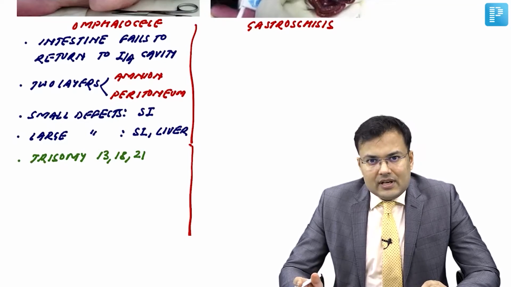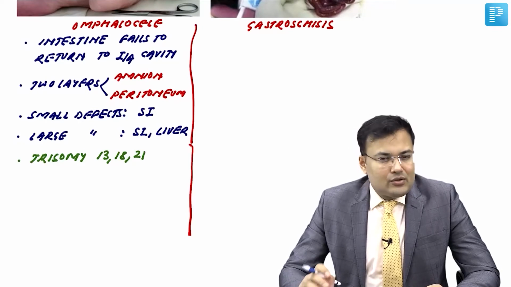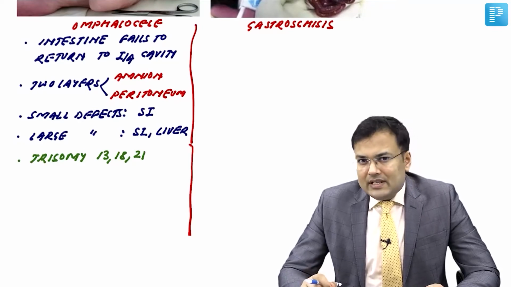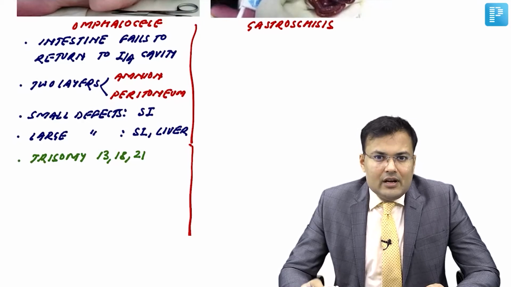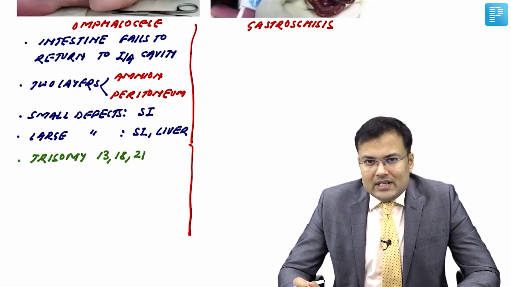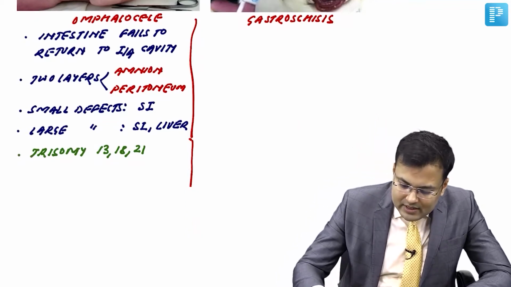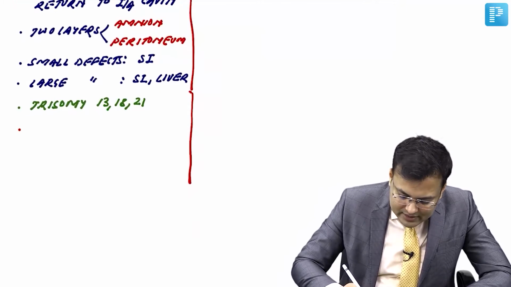congenital malformations. And what is the most common type of congenital malformation seen? The most common type is cardiovascular, followed by musculoskeletal, followed by gastrointestinal, followed by genitourinary. Okay, so it is associated with congenital malformations.